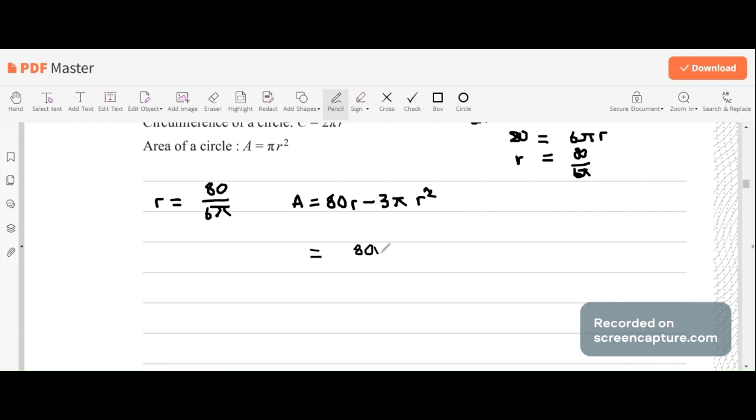Sorry, let me just redo that. Area equals 80 times 80 over 6 pi, minus 3 pi times (80 over 6 pi) squared.